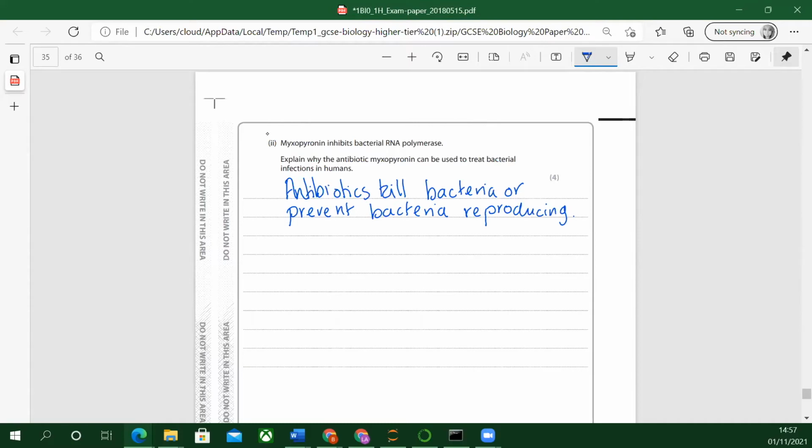So what happens then? So it doesn't affect humans. So it doesn't affect human RNA.